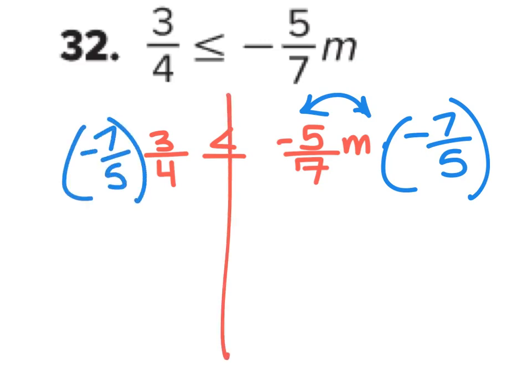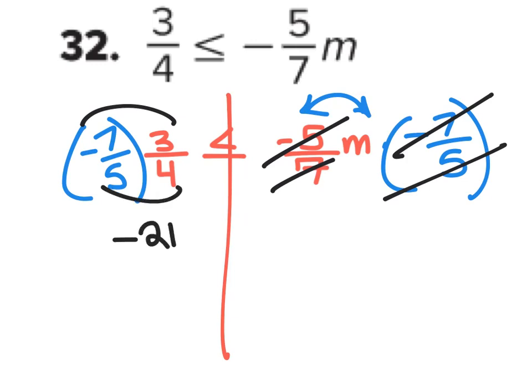What I do to one side, I have to do to the other. Now, when I multiply by the reciprocal, I will always get 1. So these cancel out. Negative 3 times 7 is negative 21. And 5 times 4 is 20. And I have less than or equal to m.